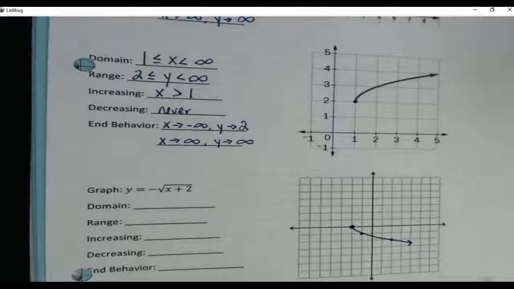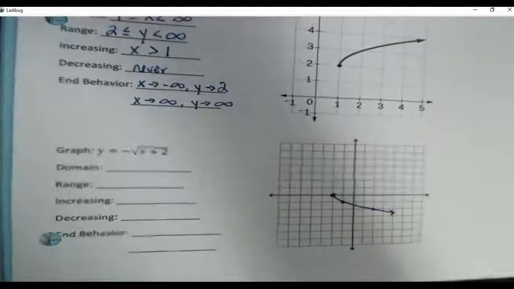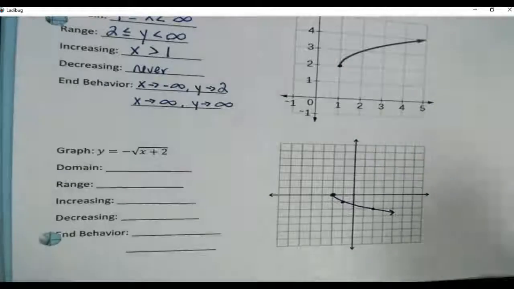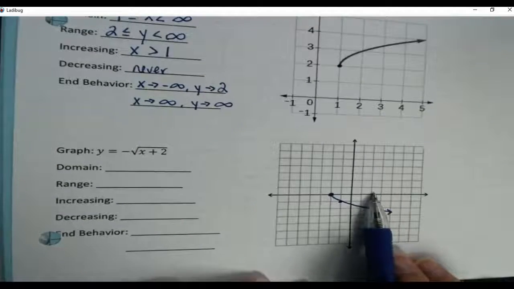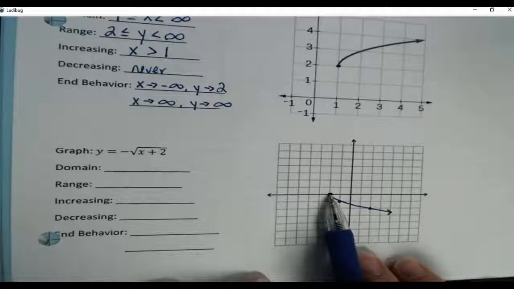Alright, so now we have our graph, so we can go ahead and look at our domains and our ranges. So if I look at my domain, how far left does this graph go? To negative 2.